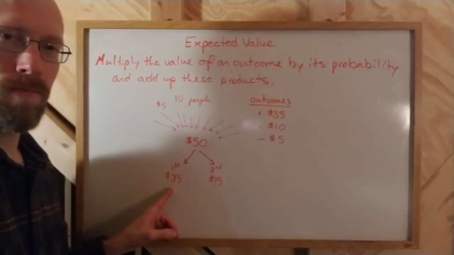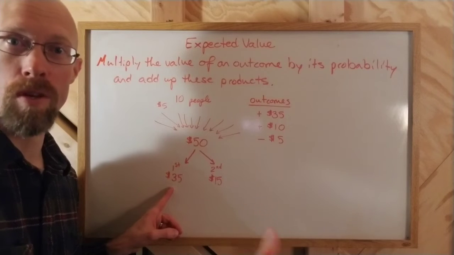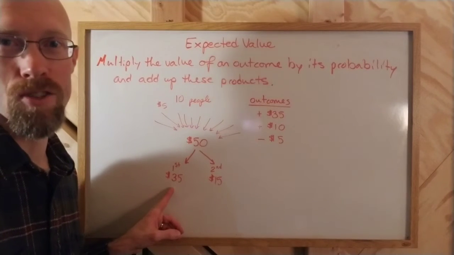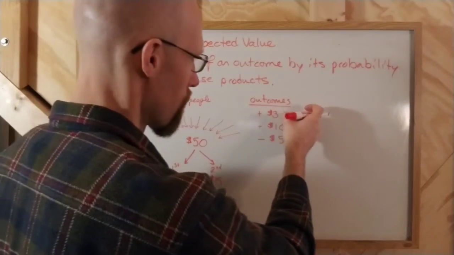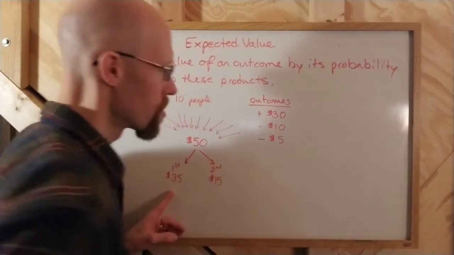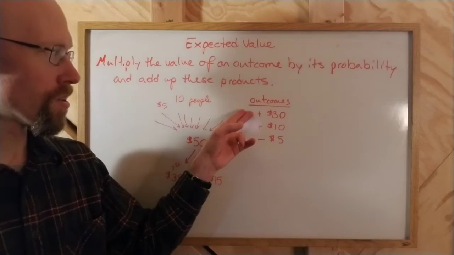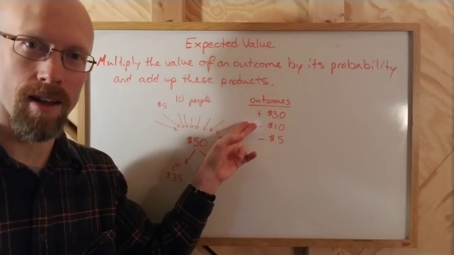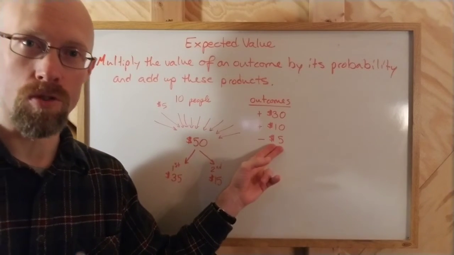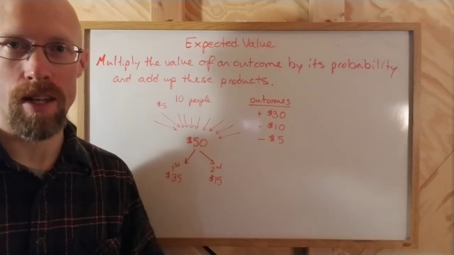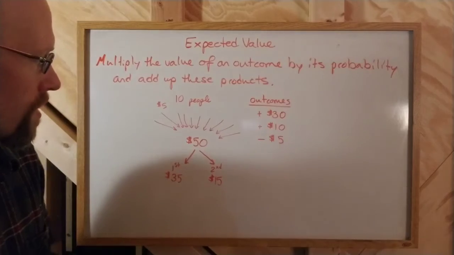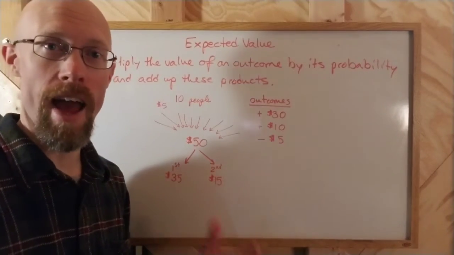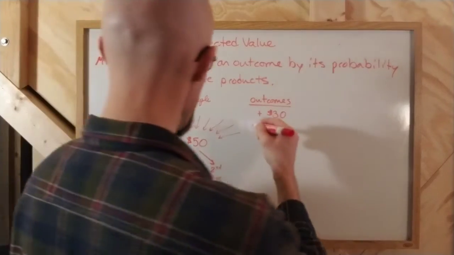And if you put $5 in and you get first place and you win 35 back, 5 of that is your own money, and so you really only won $30, right? So in the end, one person wins $30, one person wins 10, and 8 people will lose 5. Okay, that's really how it plays out. So those are the 3 possible actual outcomes in the end.